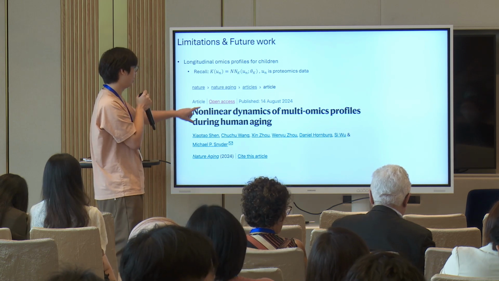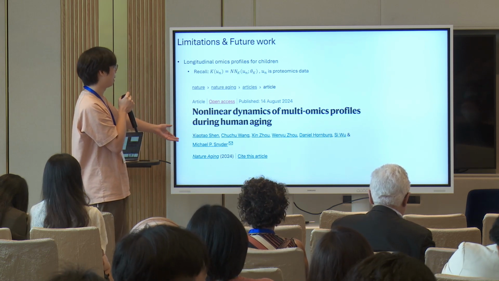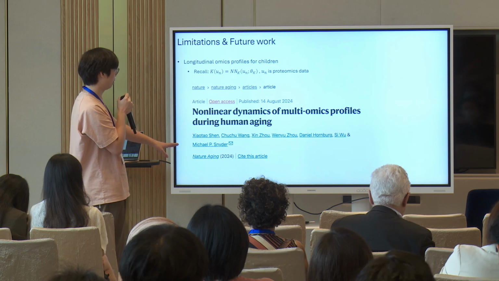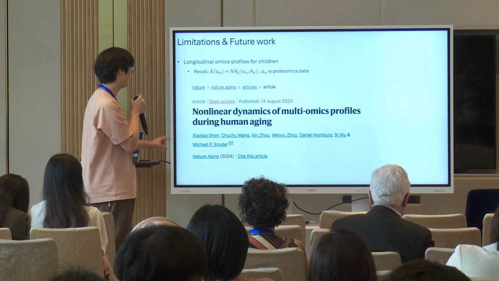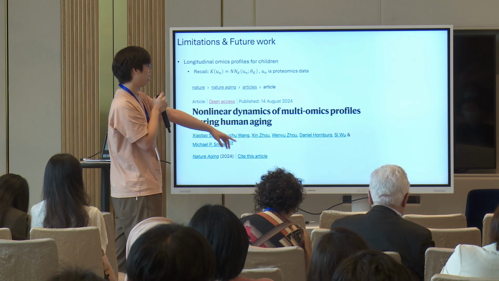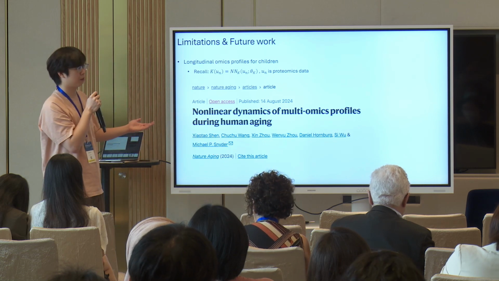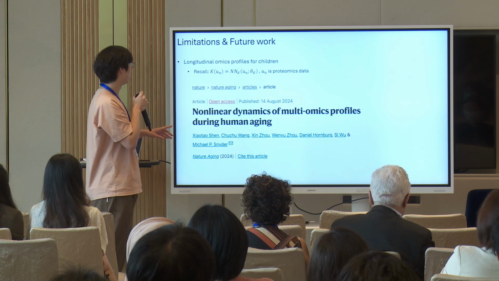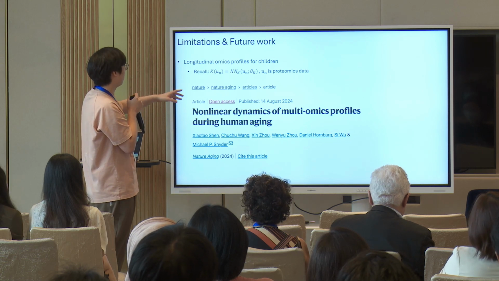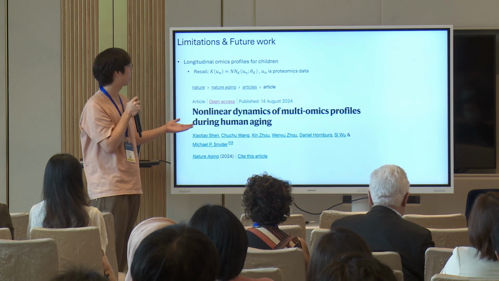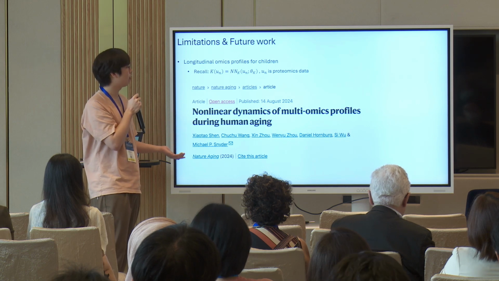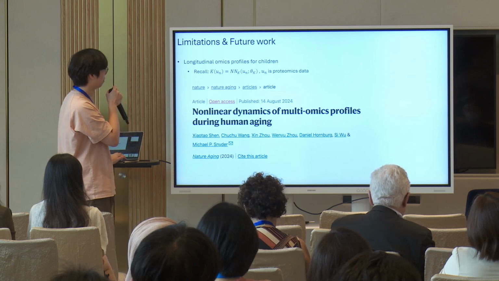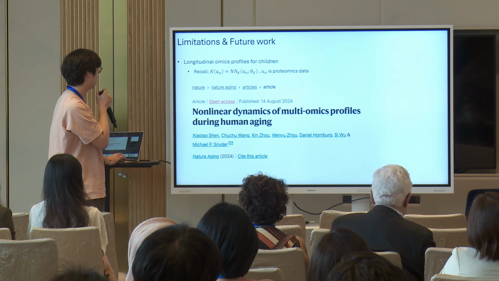And there's a recently published paper and openly available resource for the nonlinear dynamics of multi-omics profiles, but it's only for adults from age 25 to 65. So it's also very important if we can get omics profiles in a longitudinal manner for children for better model construction.